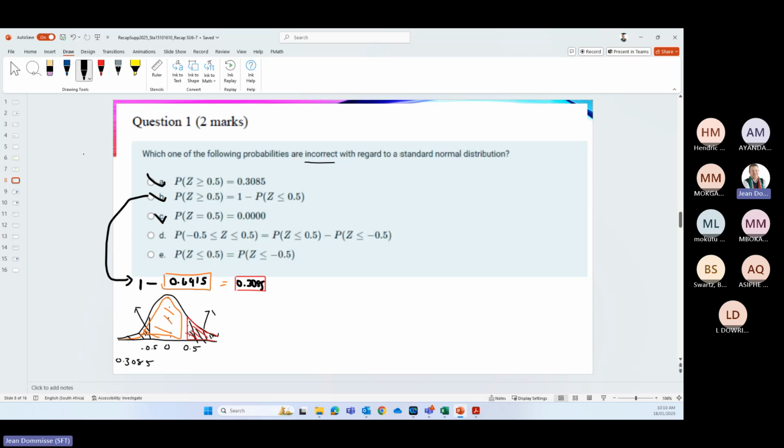Okay, so we're still looking for the incorrect one. So let's then see. Probability Z bigger than minus 0.5, smaller than 0.5. So let's just again sketch it out. It's basically looking at this component.